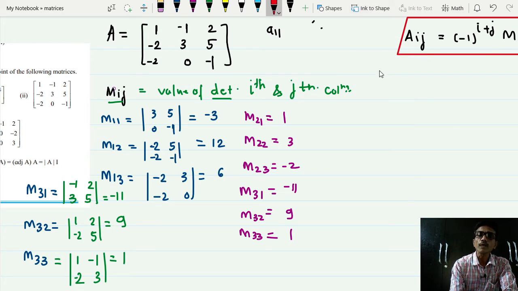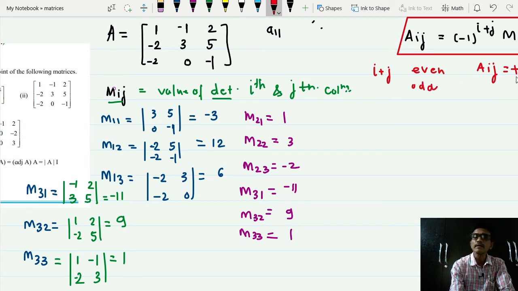Now if i plus j is even, then Aij is equal to plus Mij. And if it is odd, then in that case the sign of this Mij will change.